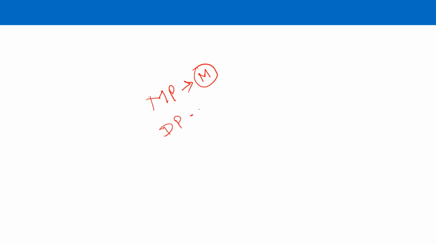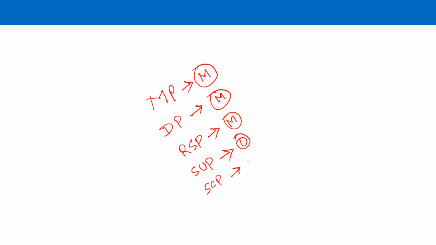Distribution point, is it mandatory or optional? Mandatory. Then we have reporting services point, mandatory or optional? Mandatory. Good. Software update point, optional. Good. Then we have service connection point, optional. Okay.